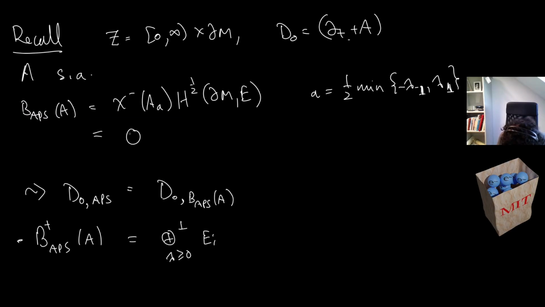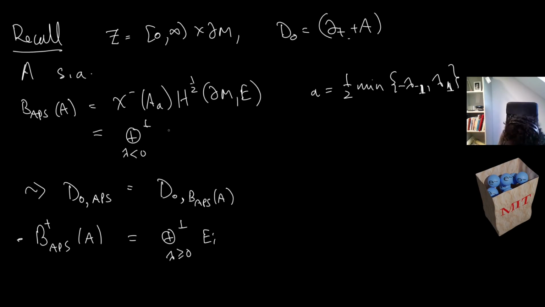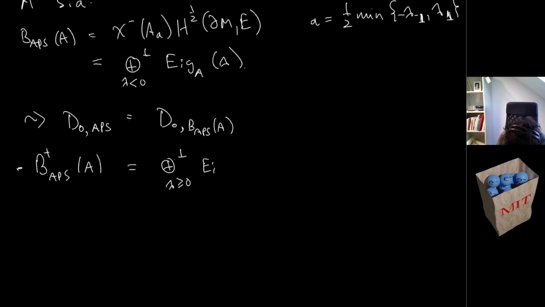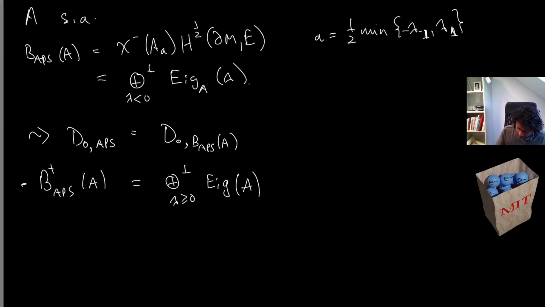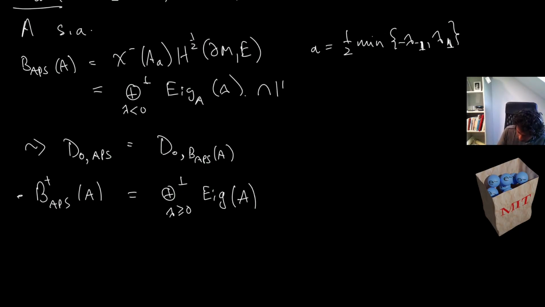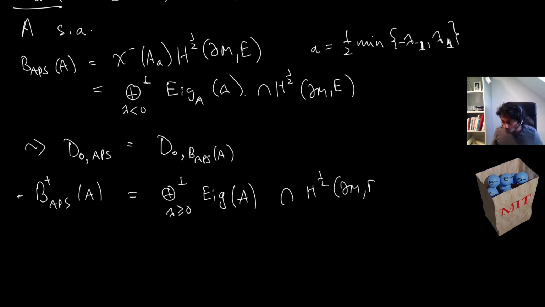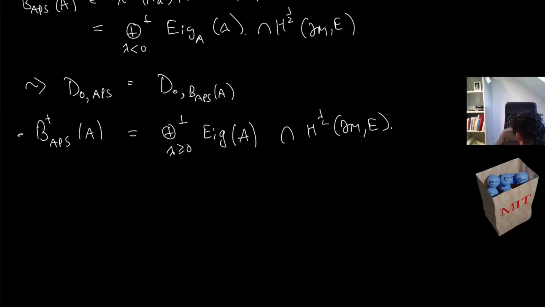And when we make the cut in this way, this is precisely going to be the lambda strictly negative, and it's the orthogonal sum of the eigenspaces of A. And now these are the non-negative eigenspaces of A, intersect H half. Sorry, intersect H half. Good.